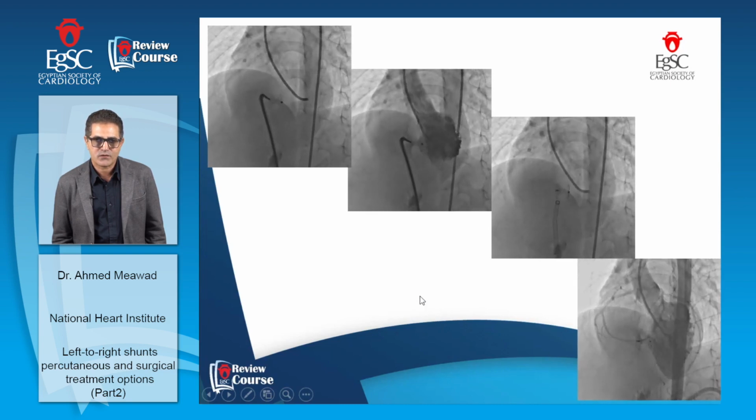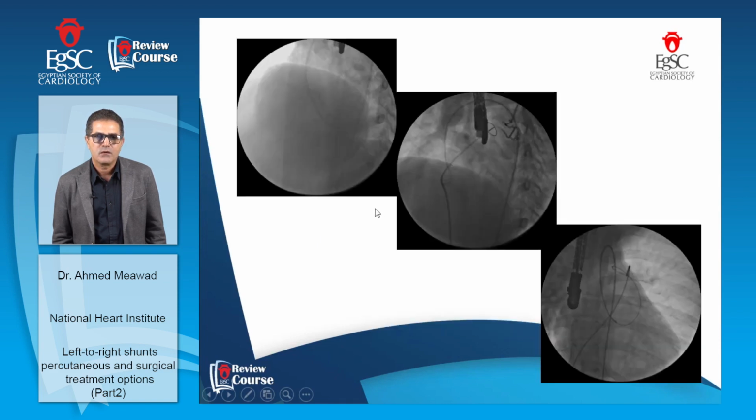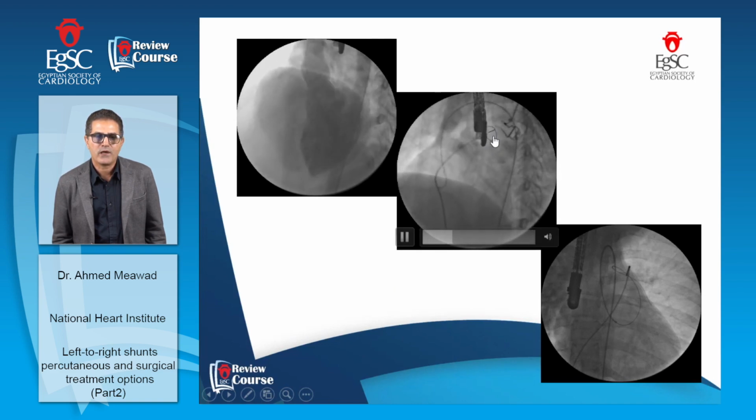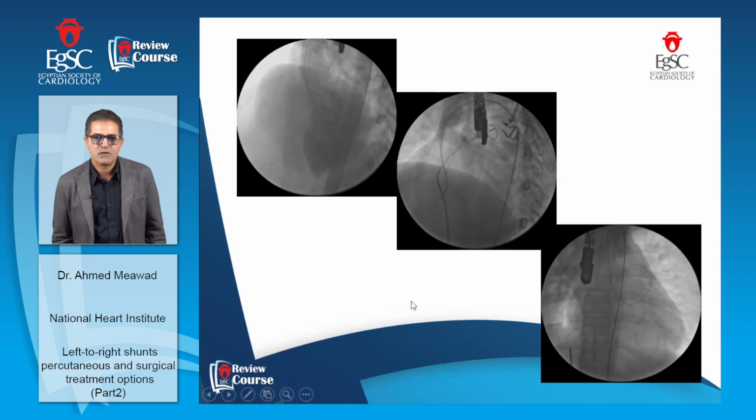In this case, with a high muscular VSD, we have to be sure that there is sufficient distance from the aortic valve. Like the previous one, we cross from the left side to the right side, and we snare the wire from the pulmonary artery, creating an arteriovenous loop, as we see here.